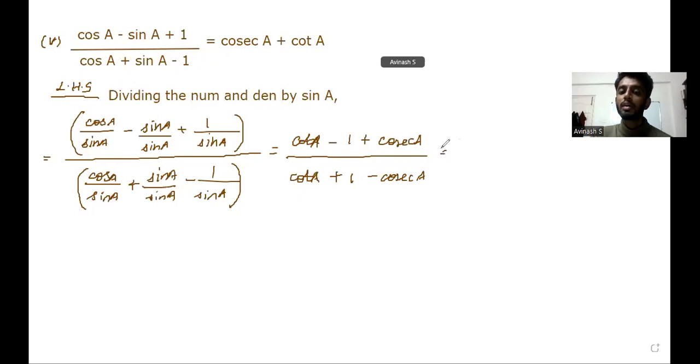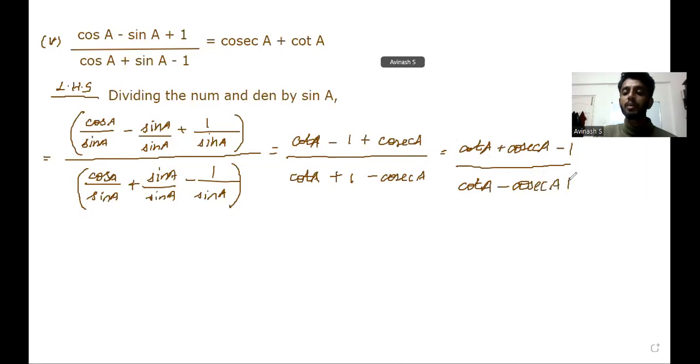We write the cot A term first, then the cosec A term second, and then the minus 1 at the end. Likewise, in the denominator, we write the cot A term first, then the cosec A term, and then the plus 1 term at the end. This is not a necessary step, but we do it to take the minus 1 and 1 to the rightmost part of the expression, just for symmetry. You will understand it eventually.